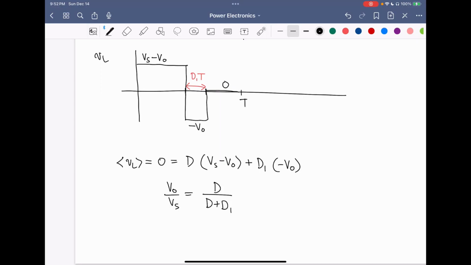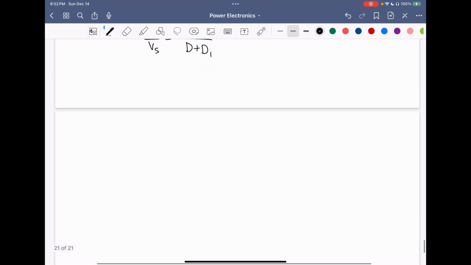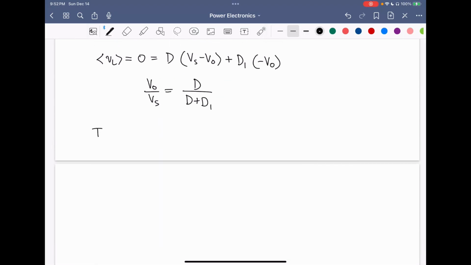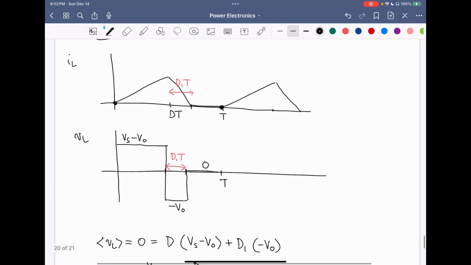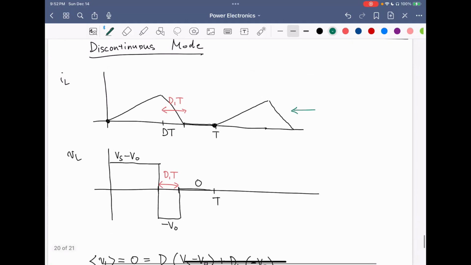Now, once again, we have that the average inductor current is equal to the average load current, which is equal to Vo over R. And then from this waveform here, we can compute the average inductor current.